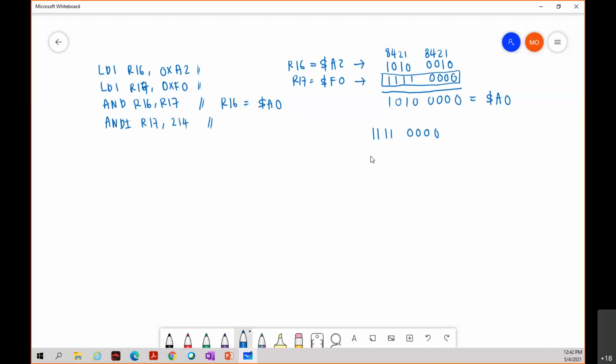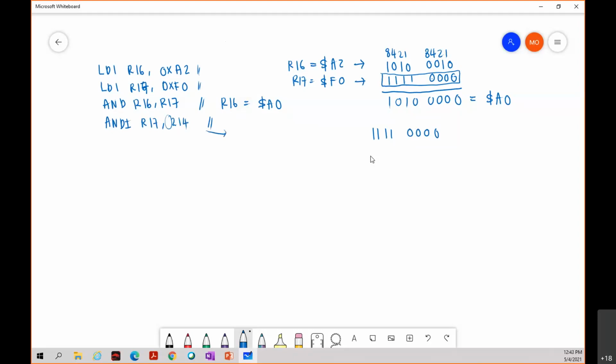What about 214? Since this number doesn't have any symbol in front of it, you know that this number is a decimal number, so you need to change it to a binary number. How to do that? You can simply use the calculator. Can somebody help me?